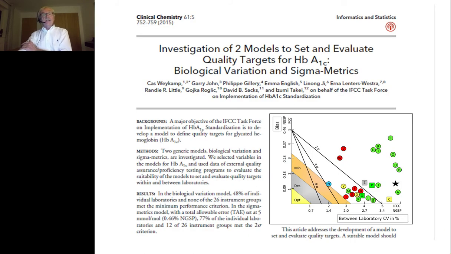So the IFCC task force, which I chaired, came up with recommendations using sigma metrics to actually identify quality in hemoglobin A1c. And we suggested a 2 sigma level of quality at 5 millimoles per mole.